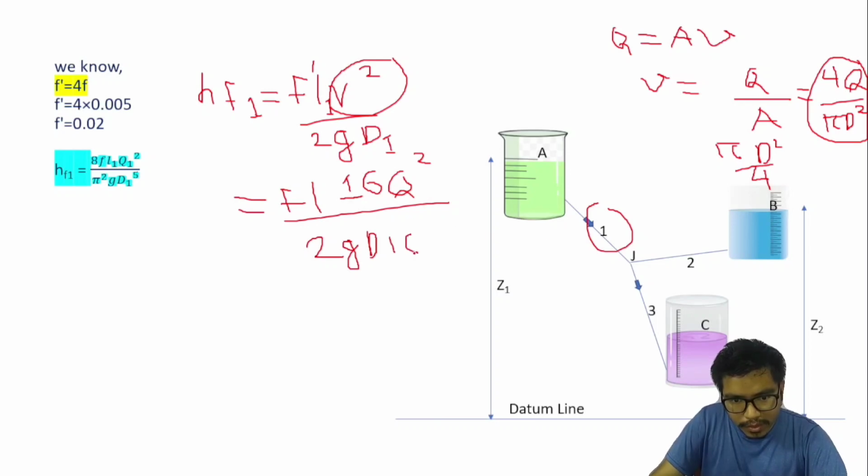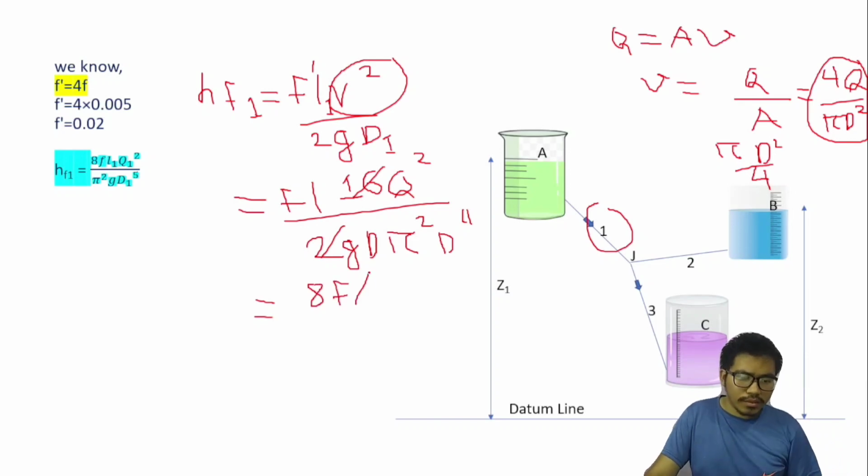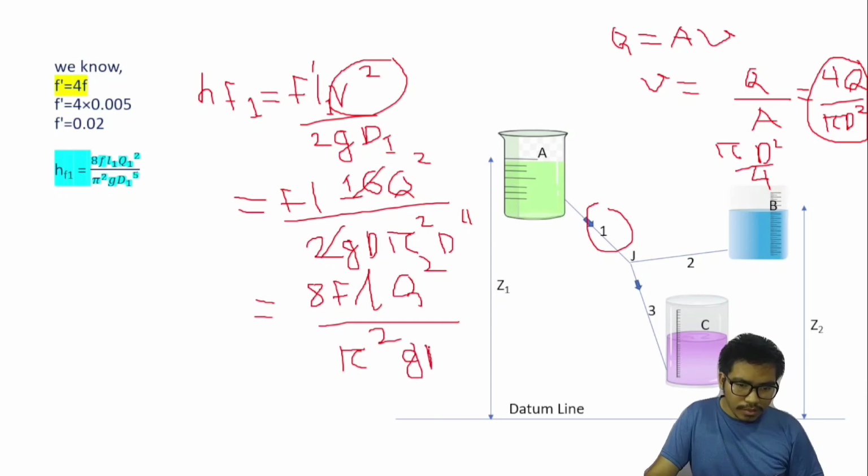Square of pi d square means pi square into d to the power 4, and this 2 and 16 cancel and give 8, and f L remains, and this Q square divided by pi square g and d to the power 5.